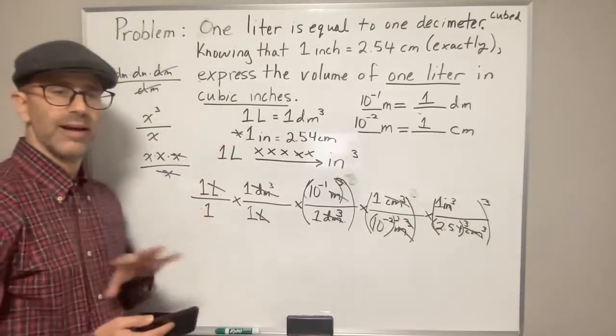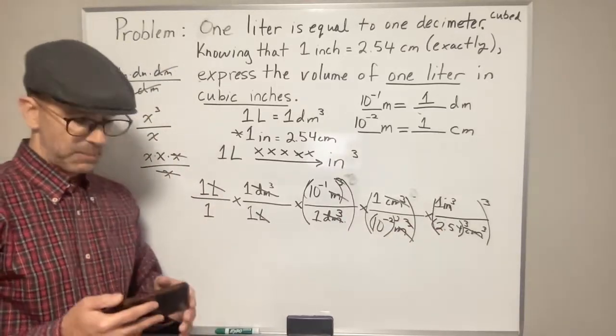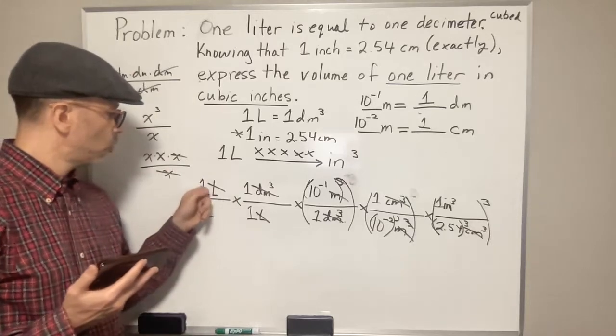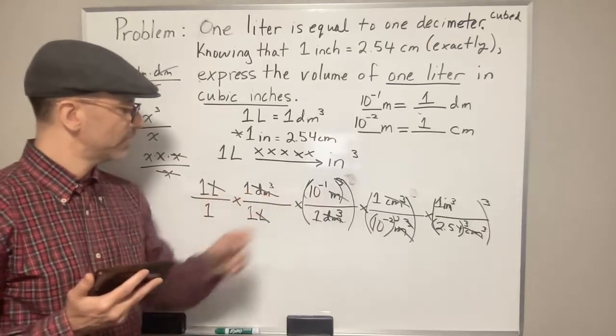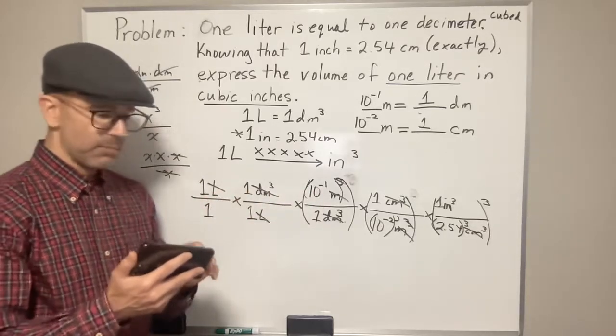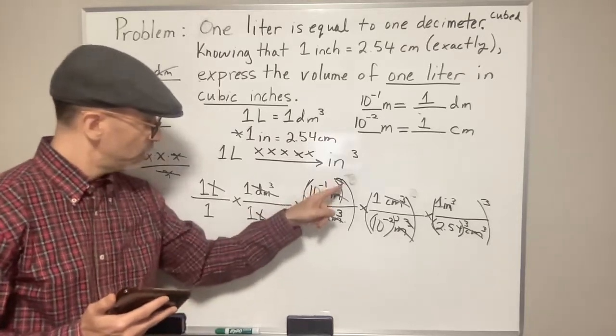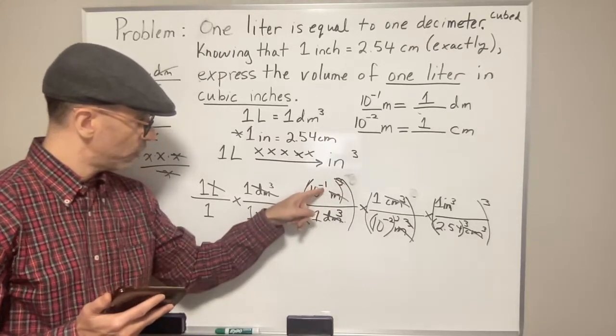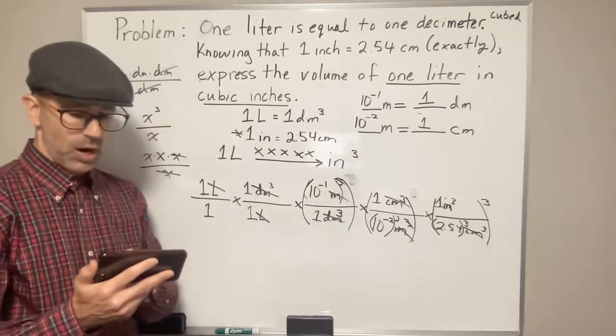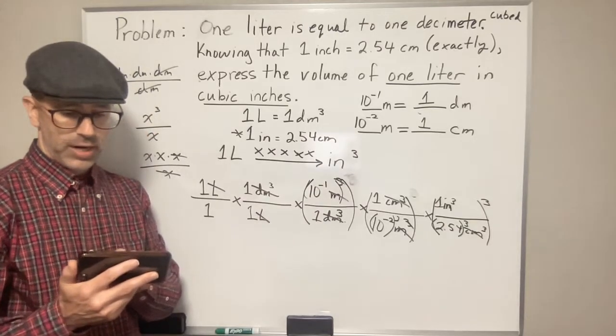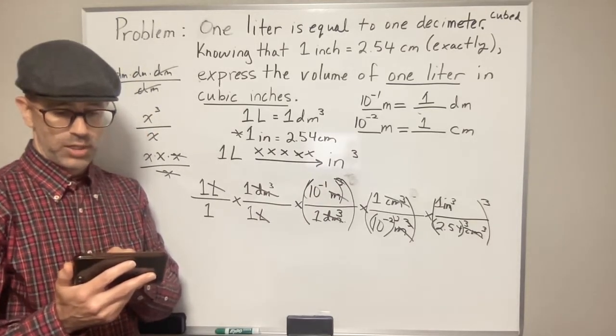If it's a 1, I skip it because it's not going to do anything. So this is a 1, this is a 1. Okay, 10 to the negative 1. That means it's cubed, so remember that cube goes to 10 to the negative 1. So I'm going to cube that.